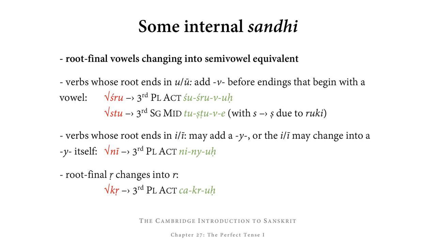Then verbs whose root ends in short e or long e may either do the same thing, i.e. they may add a y, the semi-vowel equivalent of e or e, or the e or e may change into a y itself.